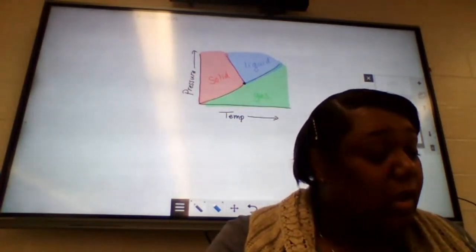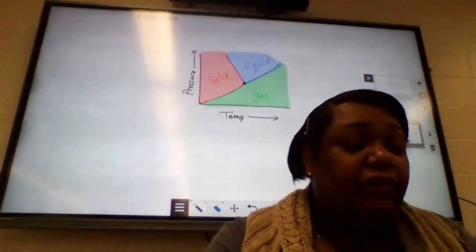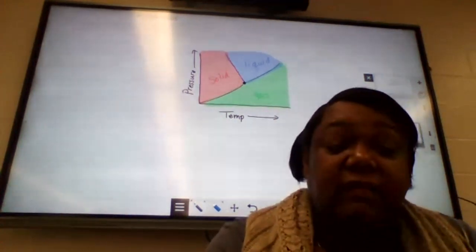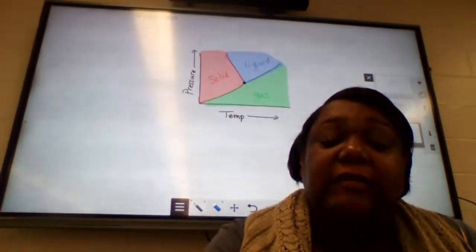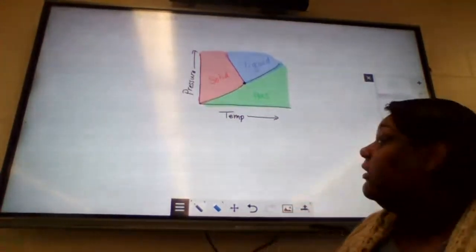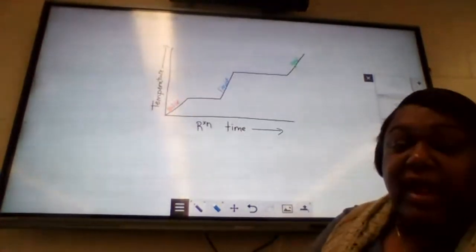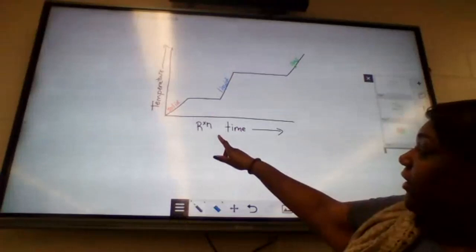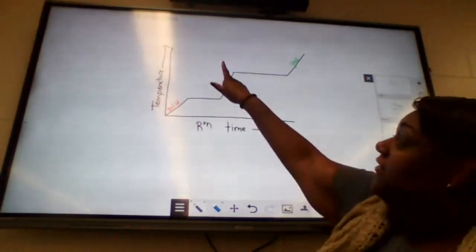Your book then goes on to look at phase changes and energy. For this particular topic, it's usually easier to look at a phase diagram in a different fashion. If we look at this phase diagram, you'll notice now that we're proceeding in time for our reaction.